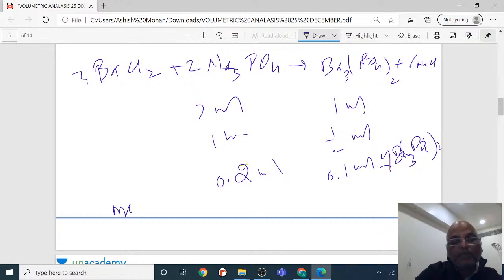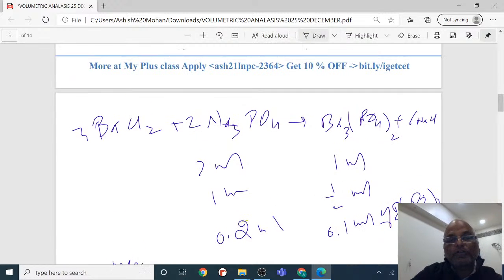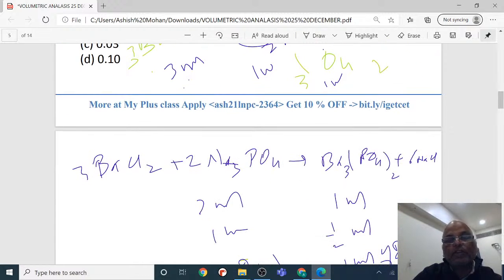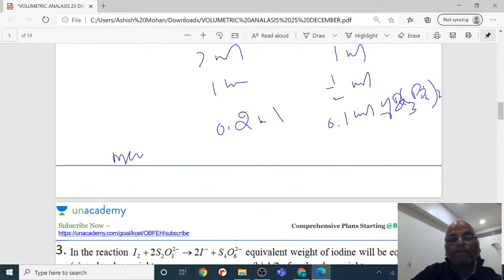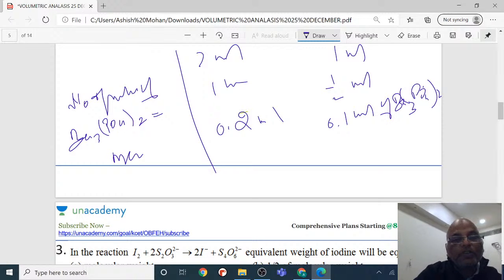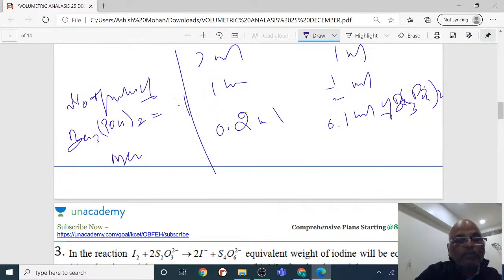What is this question asking? Maximum number of moles of Ba3(PO4)2 is 0.1.